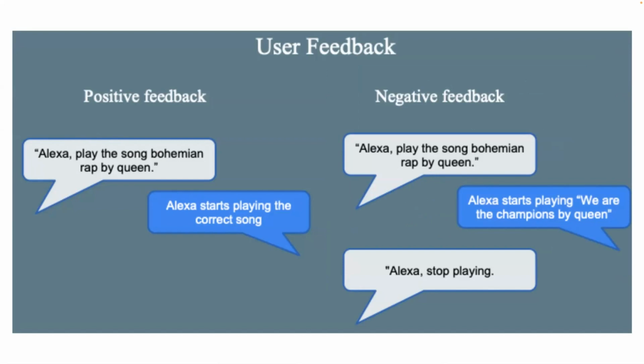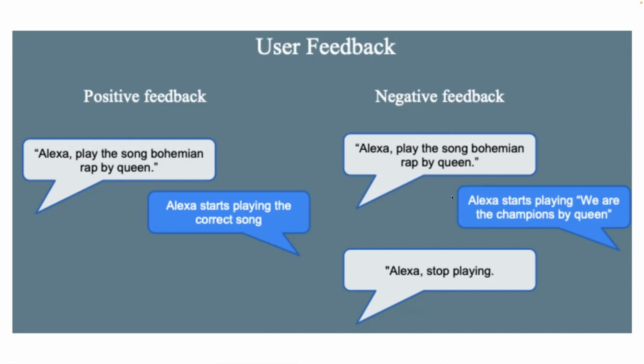The fact that the user listened for a couple of minutes is a good indication that the predicted label was indeed correct. It can also be through negative feedback, meaning that the user says play this song, Alexa plays the wrong song, and the user responds by saying, Alexa, stop playing. So you can say this is a high probability that the predicted label was wrong.